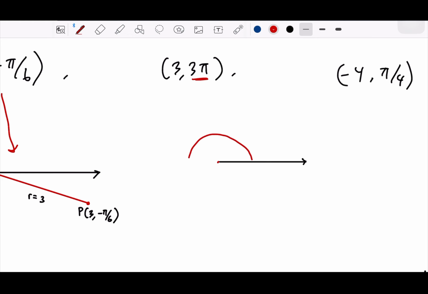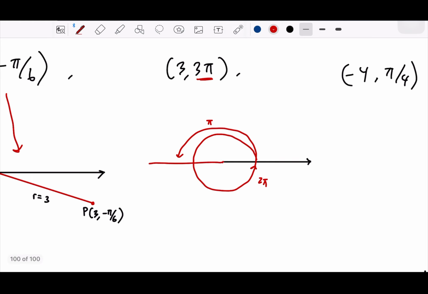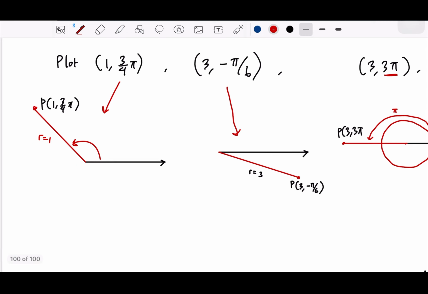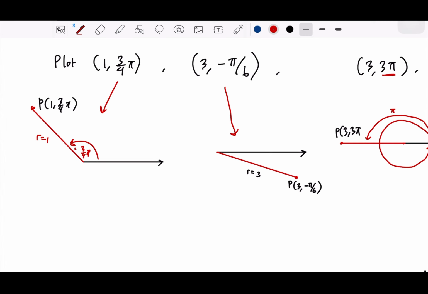So we move like this. This is 2 pi, and then we move one more time until here. This is pi. So the total will be 3 pi, and this will be our point. Let's say that is P3, (3, 3 pi). Let me maybe add the 3 over 4 pi here to denote the angle.